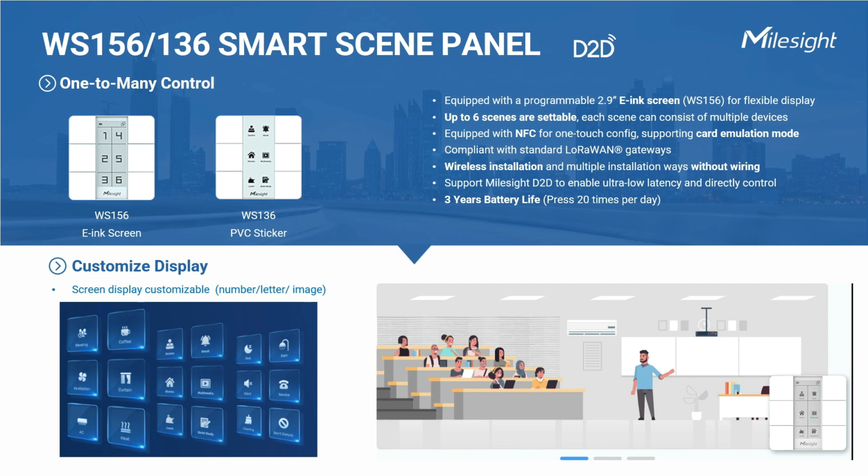The next product we can use to build up a smart lighting solution is the Smart Scene Panel. In fact, it's a battery-powered control panel that can simply activate different predefined scenarios with one press.